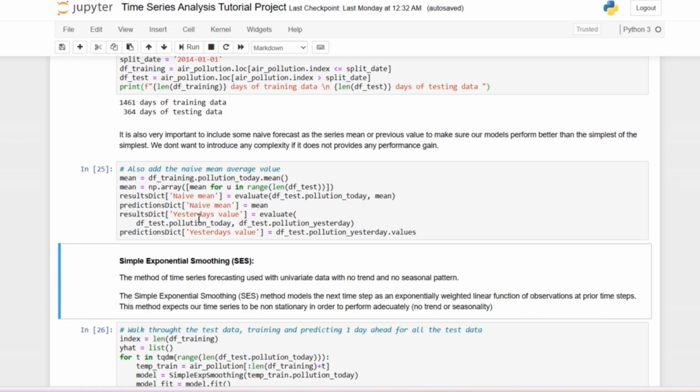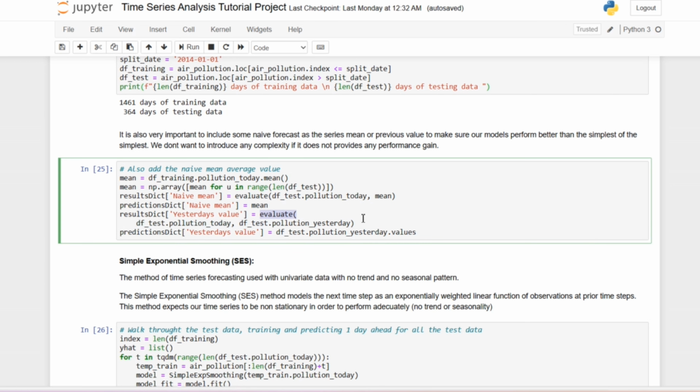We already have a value called pollution yesterday, so I'm calling the evaluate function on the today value and yesterday's value, and storing the result under the name of yesterday's value. I'm storing all the results: the metrics you get out of the evaluation function, and the predictions we get out of the model.